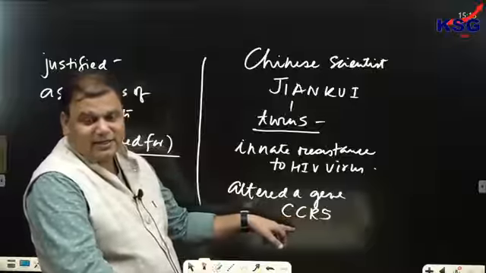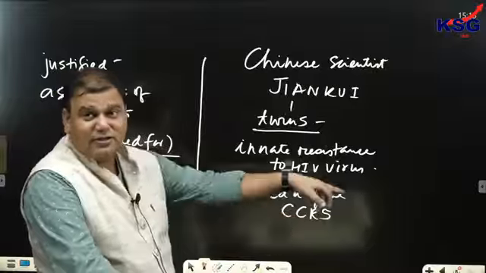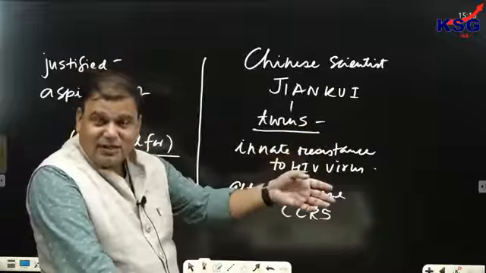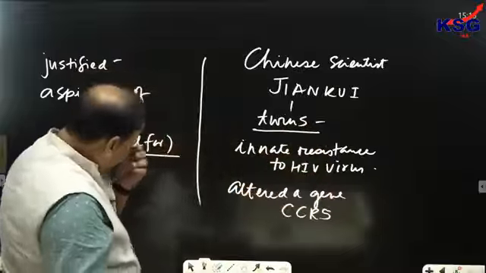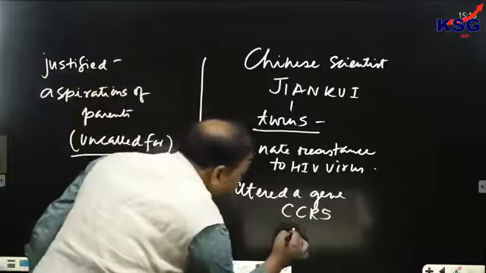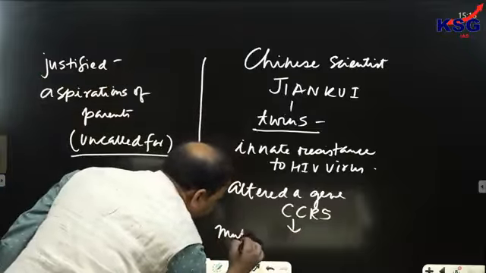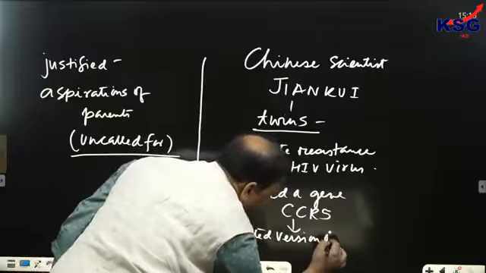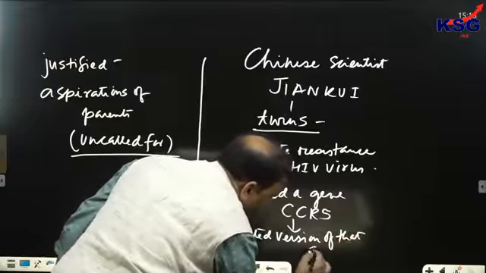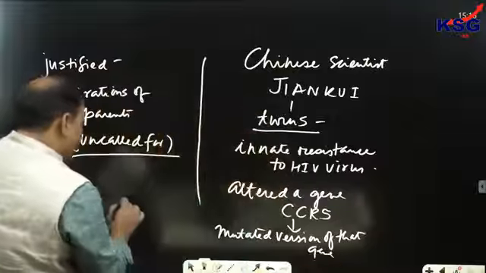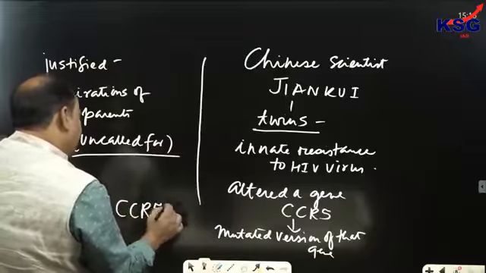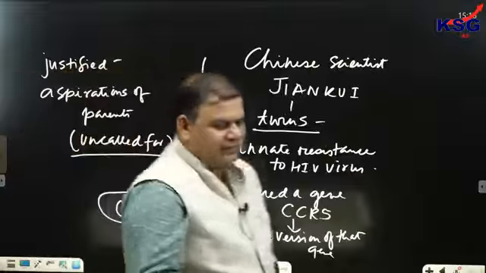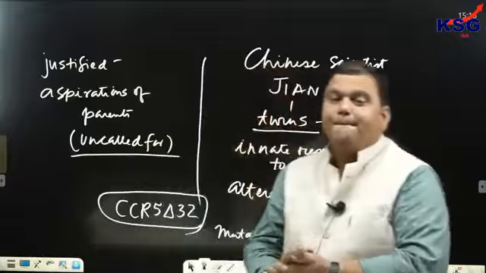By using CRISPR-Cas9 technology, he prepared a mutated version of that gene so that these girls can have innate resistance to HIV. Write down, the mutated version was referred to as CCR5 delta 32.